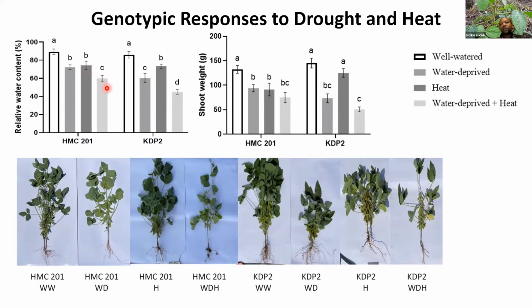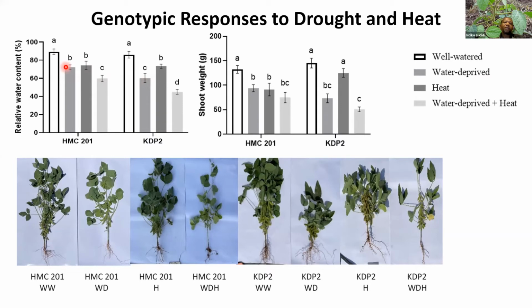And then under a combination of water deficit and heat stress, we get an even much more pronounced decrease in the relative water content for this particular genotype. But then with the second genotype, which we regard as the most sensitive amongst the genotypes that we've screened, simply because under the same condition as this one, the relative water content under drought stress is lowered to below 60%.